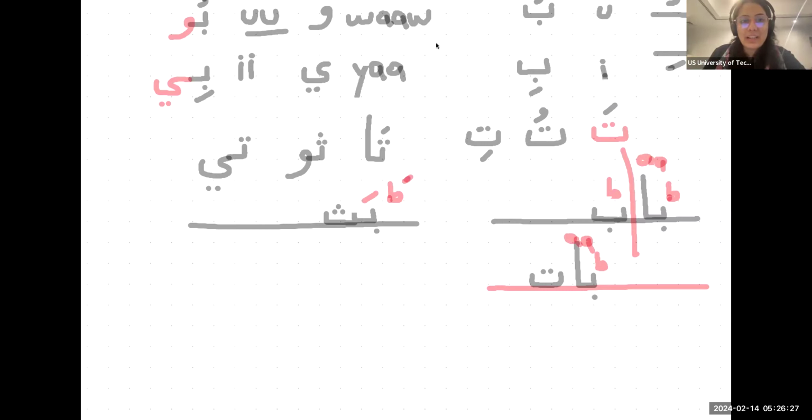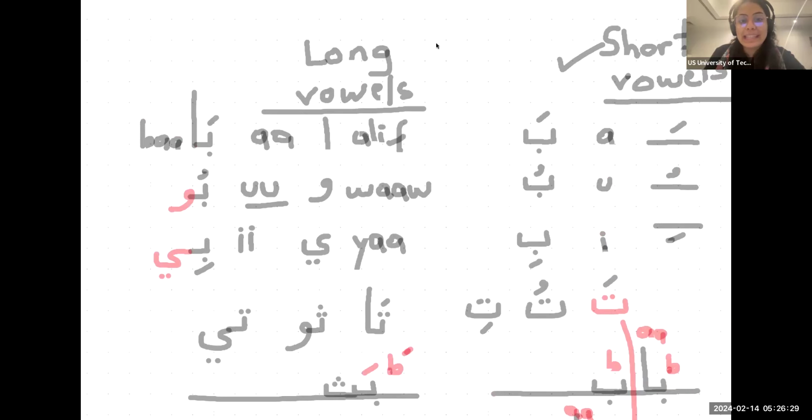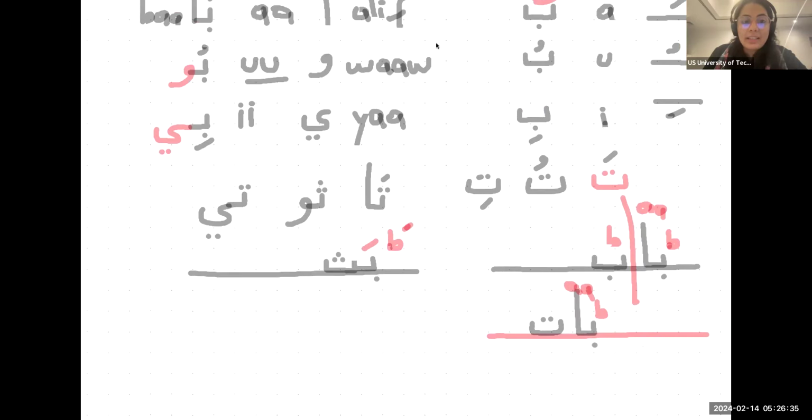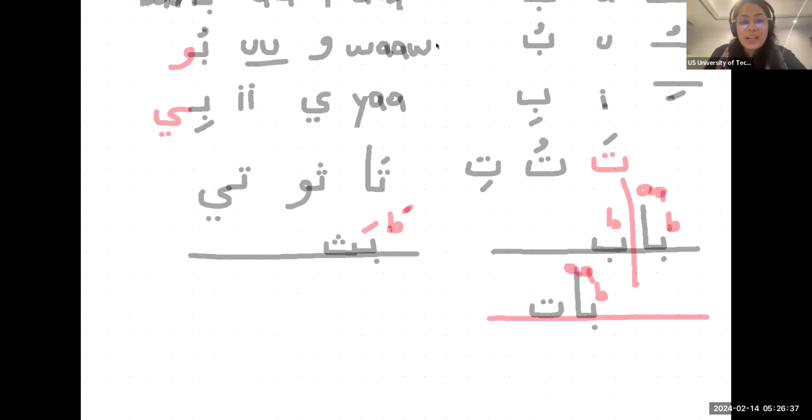As you can see, these are the long vowels: aa, oo, ee. But for this one, in this case, it only has a fatha. You see? So it doesn't have any long vowel. So it's the ba with the fatha and then the tha. So I'm going to read it bath. Perfect.